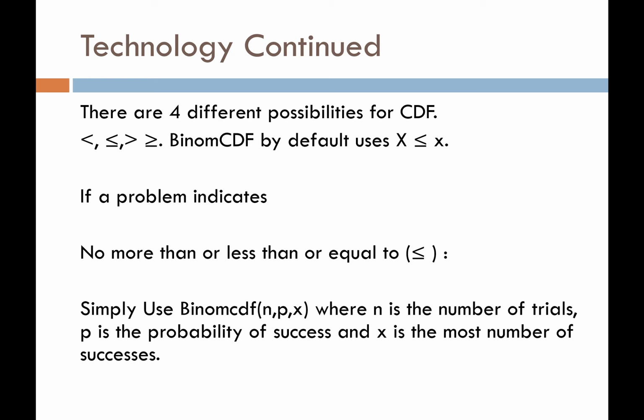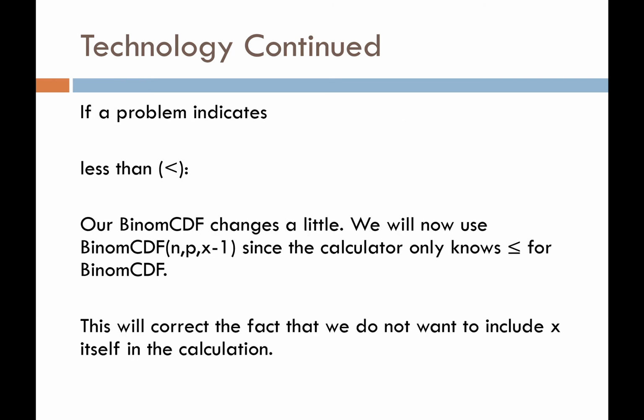If you put binomcdf(4, 0.30, 2), it will calculate the probability of 0 plus the probability of 1 plus the probability of 2, and it will give you a number that is the probability of all of those combined.